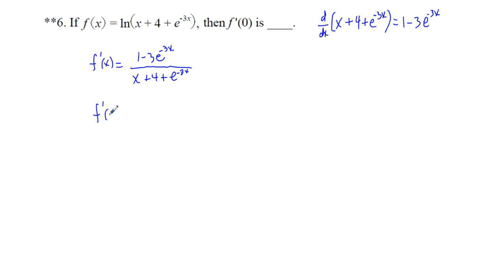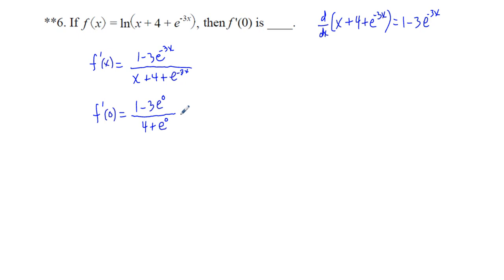F prime of 0 equals 1 minus 3e to the 0 power if we plug in 0 for x. And then in the denominator, plugging in 0 for x, that's just going to be nothing here. Then we have 4 plus e to the 0 power, because we plug in 0.